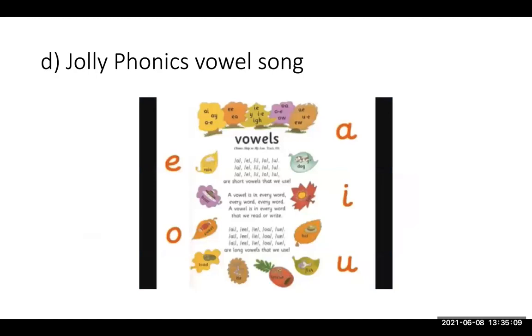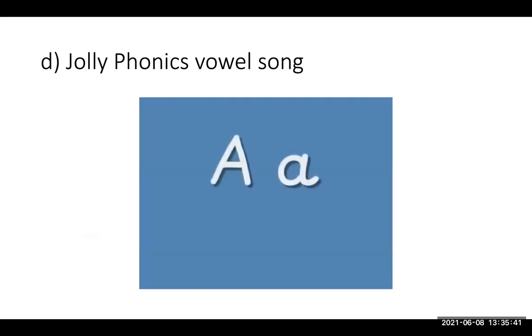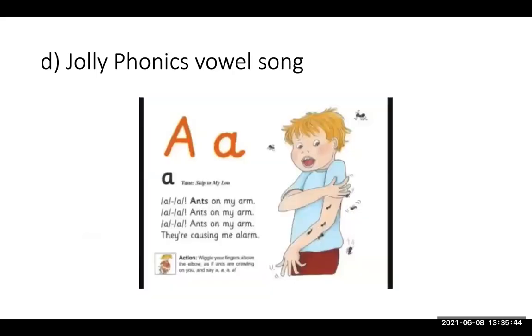A, E, I, O, U are short vowels that we use. A vowel is in every word that we read or write. A, E, I, O, U are long vowels that we use. Ants on my arm, they're causing me alarm.